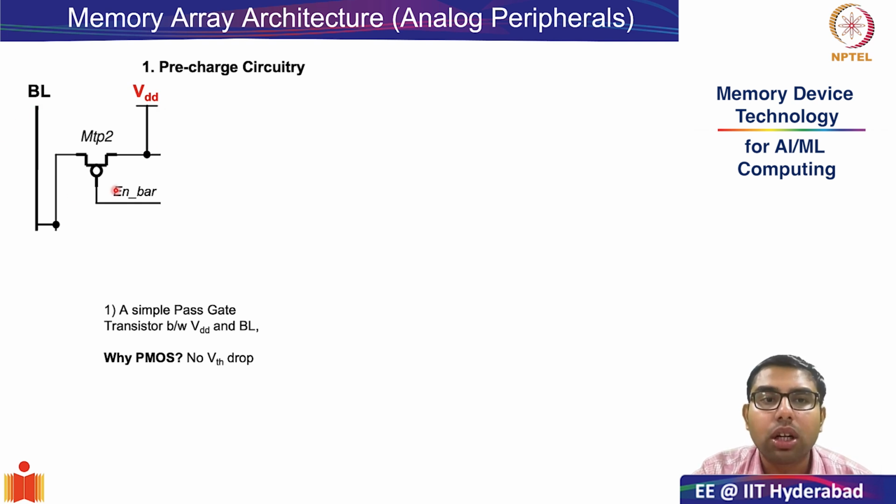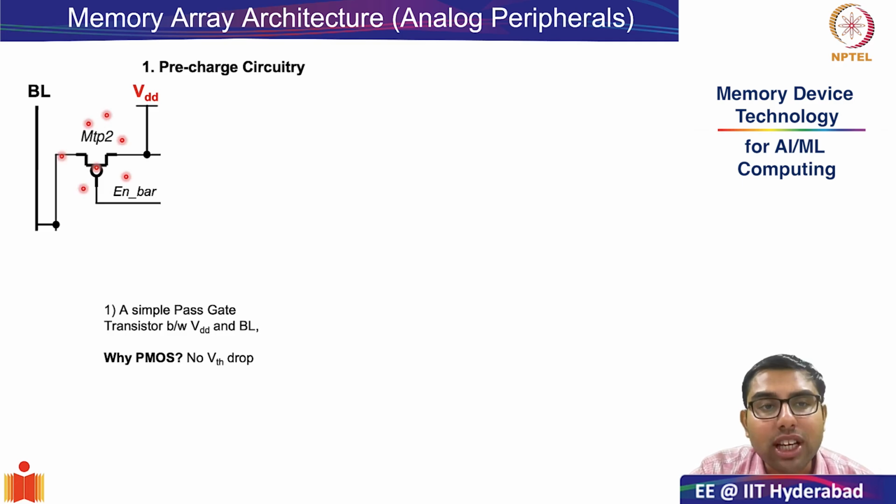This is done through a pass gate transistor. As you may know, there are several implementations for a pass gate transistor. Since memory peripherals is an area sensitive topic, we would like to have the simplest implementation, which is nothing but a single transistor.